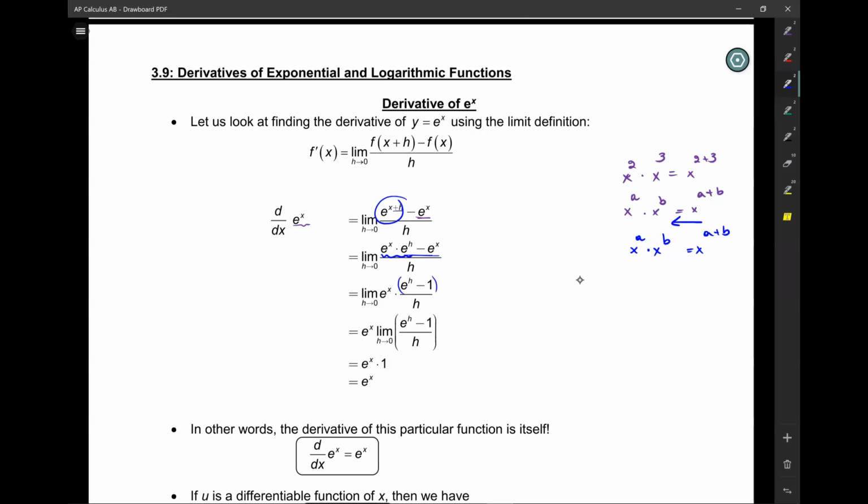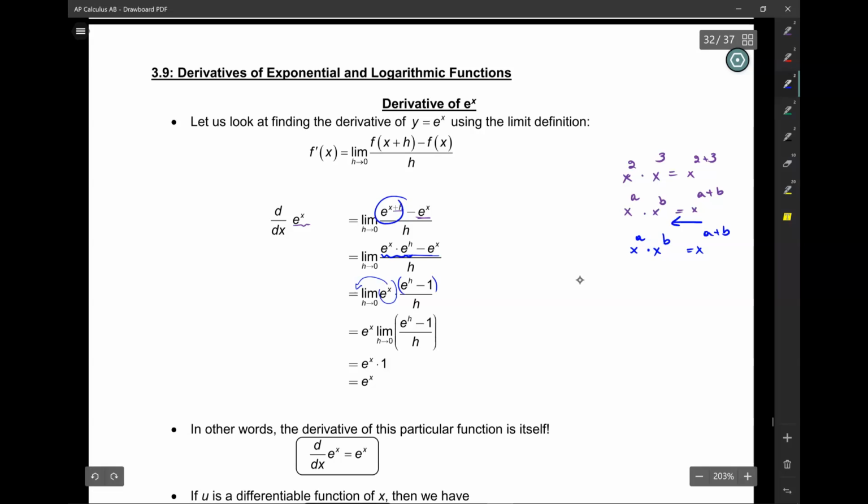Limit properties say that when you have the limit of something times something, you can take a factor out. You can take out whichever one you like.